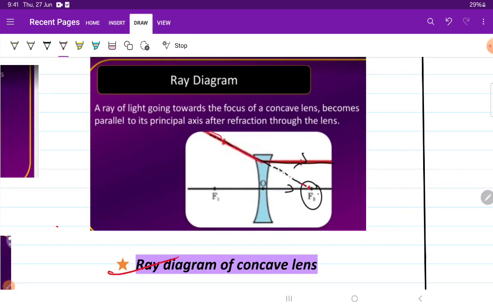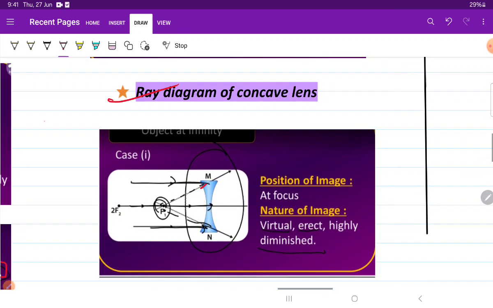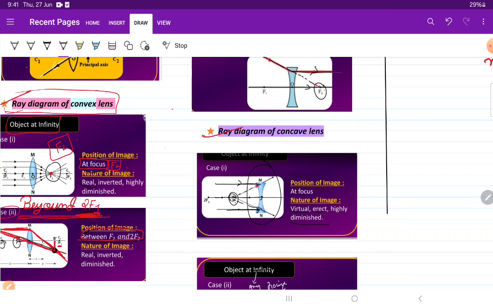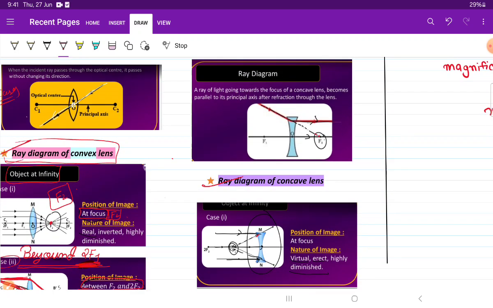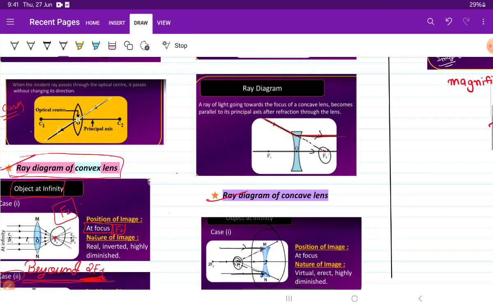And the third case tells us that if any ray is coming from far away towards the principal axis and hits the concave lens, it will become parallel to the principal axis. So here are the 3 beautiful laws of concave lens. Why beautiful? Because they are very easy and simple to remember.